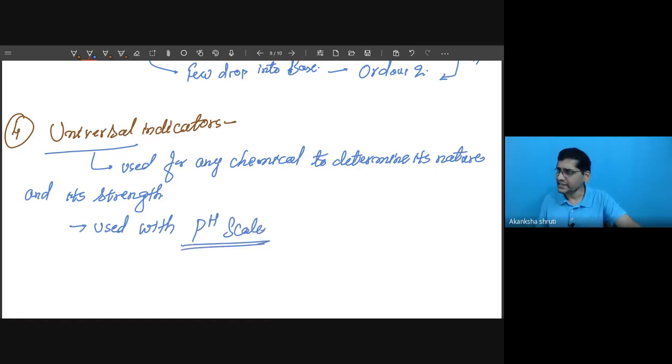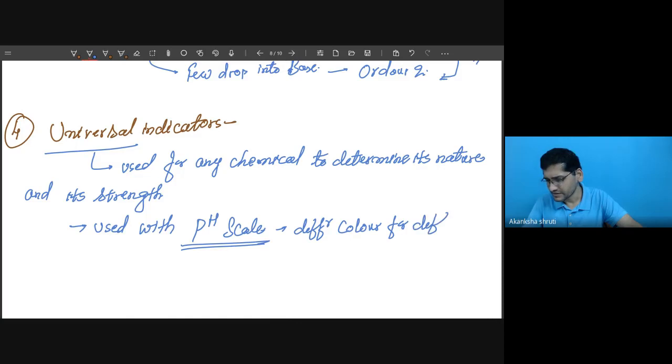The pH scale gives a different color for different intensity of acid and base. That arrangement is called the pH scale. So different color for different strengths, even when we are considering the acids.